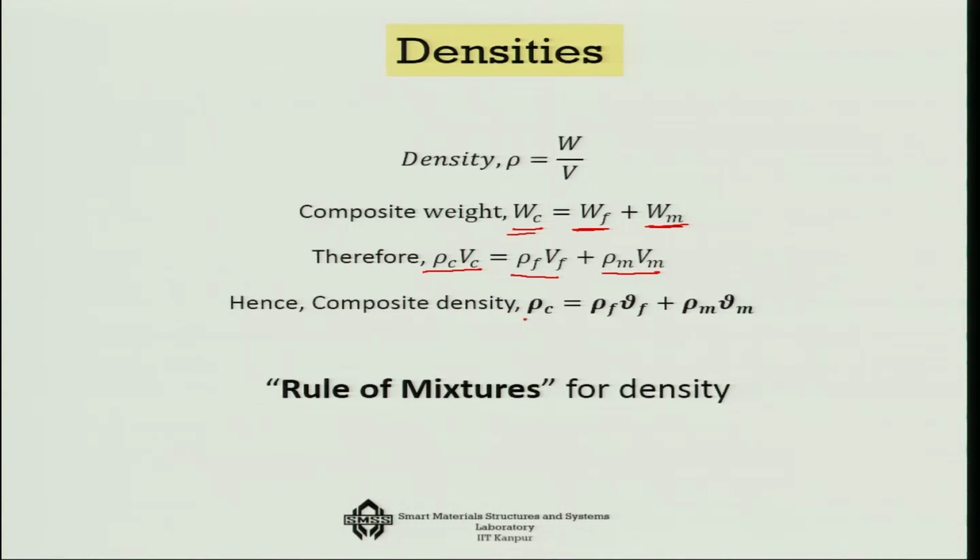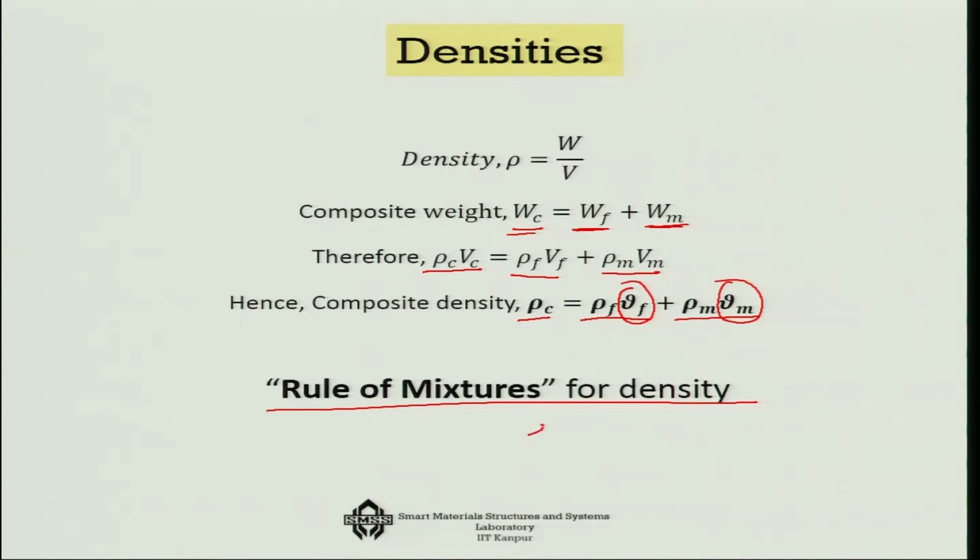So the composite density rho c is actually rho f Vf over Vc plus rho m Vm over Vc. We can write it shortly as rho f Vf plus rho m Vm, where Vf and Vm are the volume fractions. Okay. This basic rule is also known as the rule of mixtures.